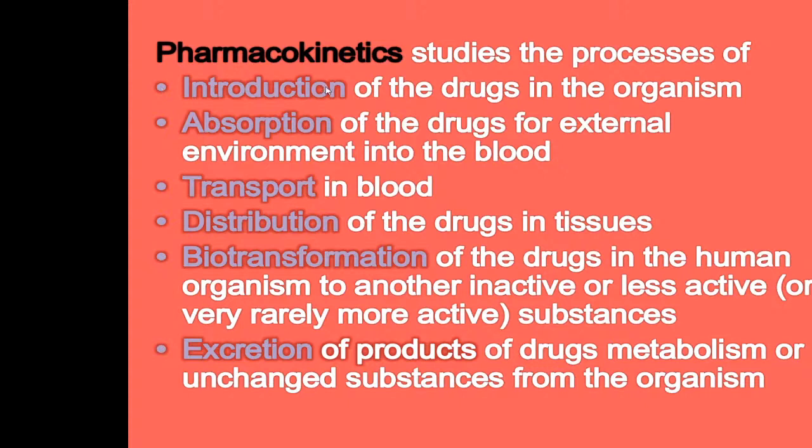After, the drug should be absorbed into the blood. Absorption of the drug from the external environment into the blood. After, transport or transportation with blood. In what form the drug is transported. And distribution. How is the drug distributed in different tissues and organs, equally, non-equally?